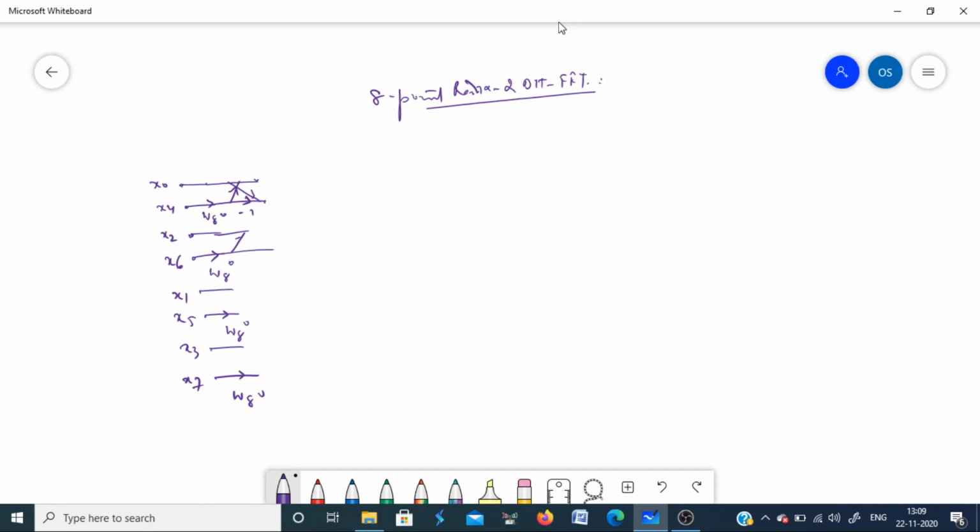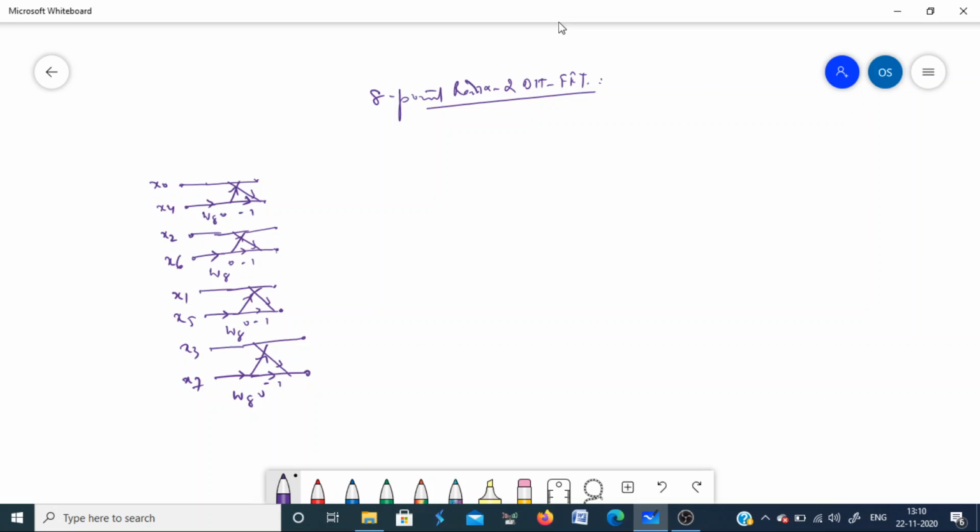Similarly, add with this, multiply with -1, add with this, you'll get the next 2-point FFT. Again multiply, add with the top branch, -1, add here, another 2-point FFT. Add with this, multiply with -1, add here, you will get another 2-point FFT. So we have first computed four 2-point FFTs using this structure.